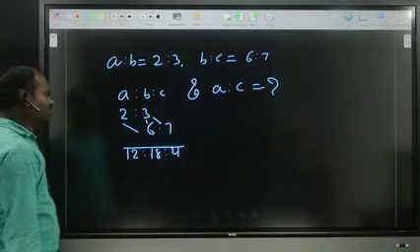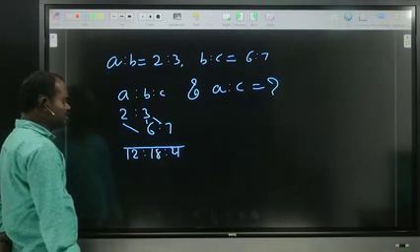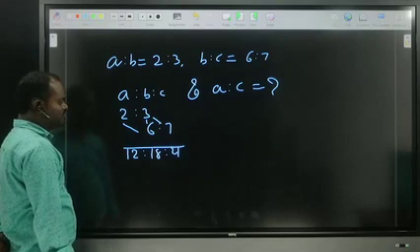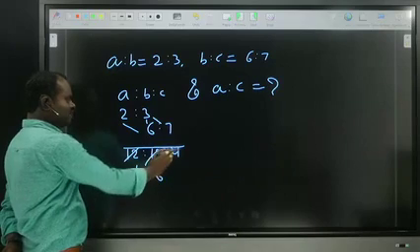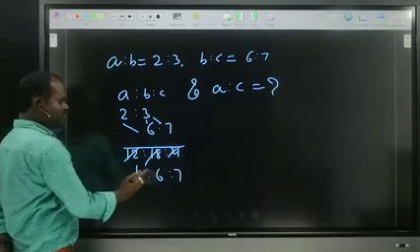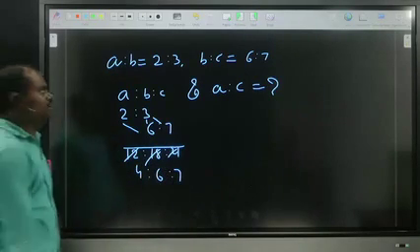Any cancellation? Yes, 3 can cancel: 3 fours, 3 sixes, 3 sevens. So the first one is 4 is to 6 is to 7. That is one kind.